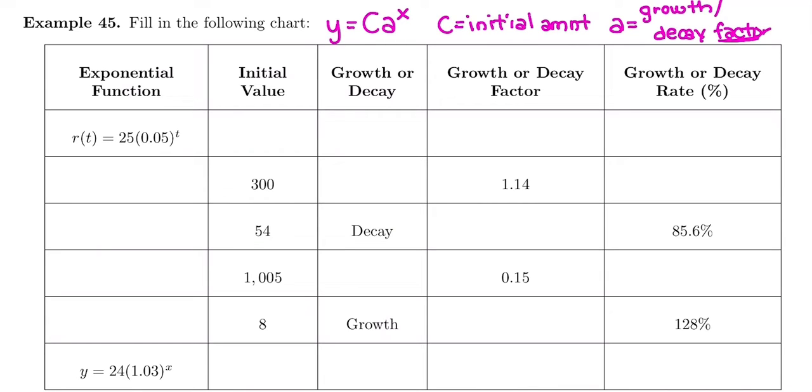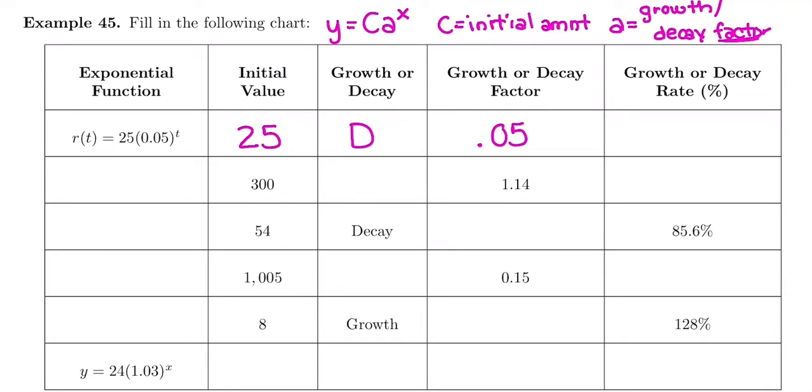So looking at this first formula, r of t equals 25 times 0.05 raised to the t. So the initial amount is 25. Since a is 0.05, this is representing decay. Since a is less than 1, that decay factor is 0.05.